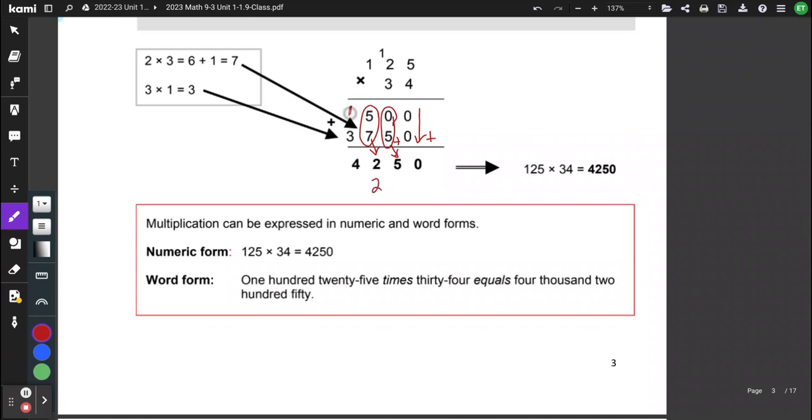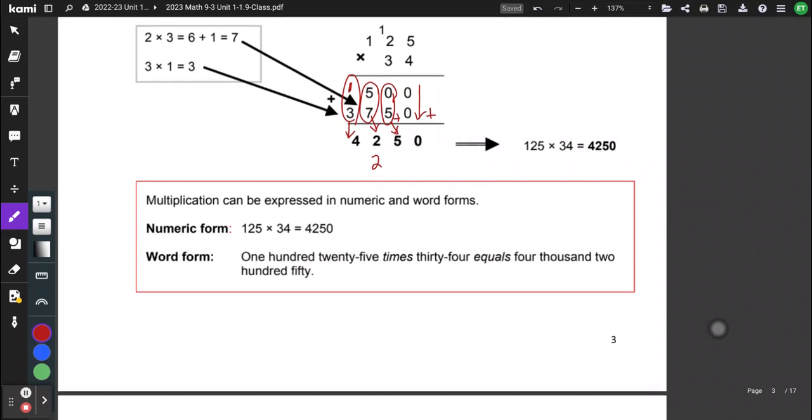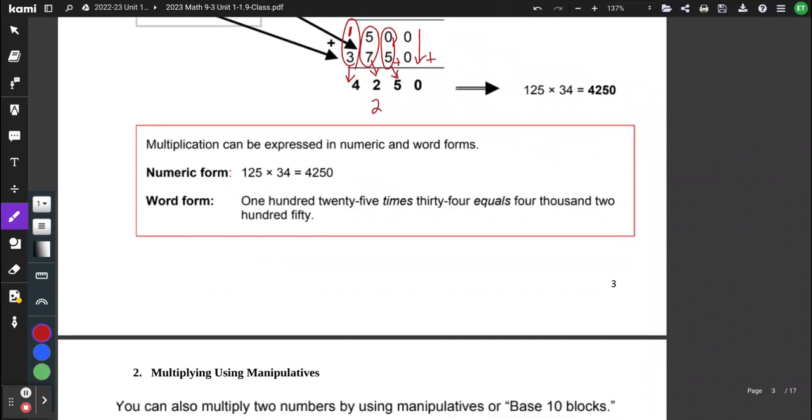The 1 carries over. I add and get a 4. So that's exactly what has happened to those numbers. They have multiplied by each digit above it. All right, so we can express it in numbers, or again, as we know, we can express every digit in words. Word form or number form.